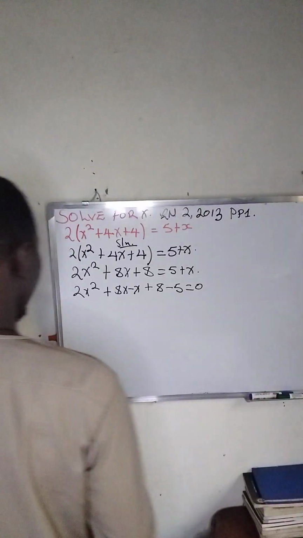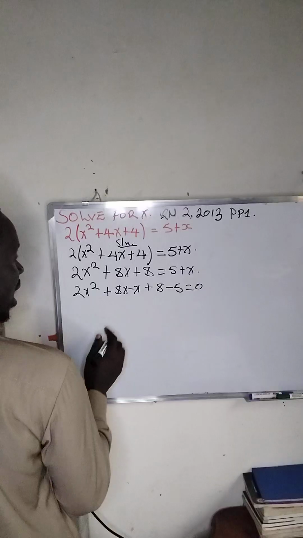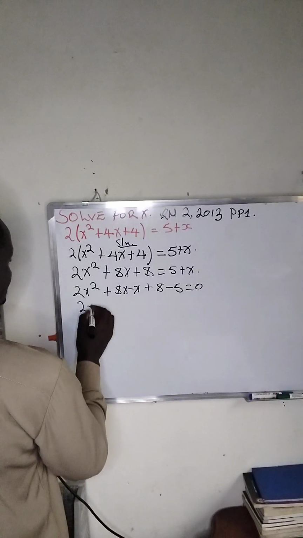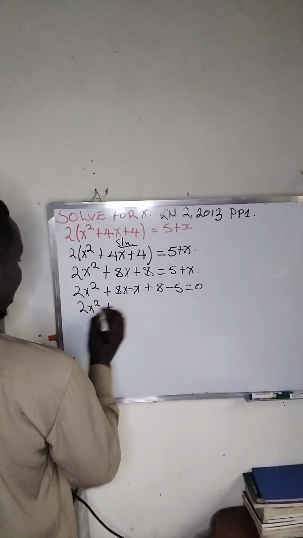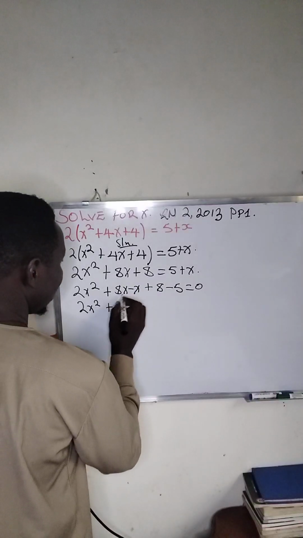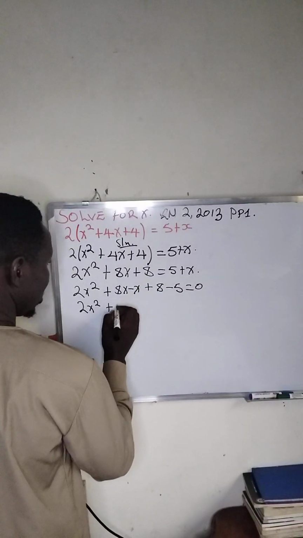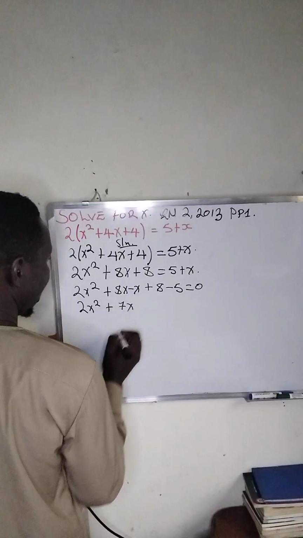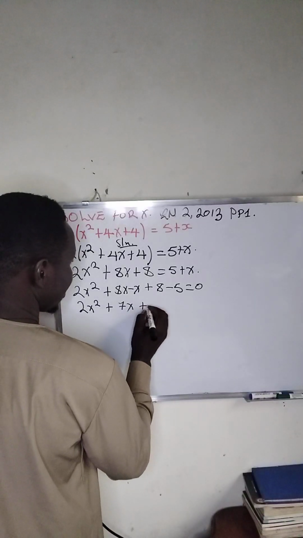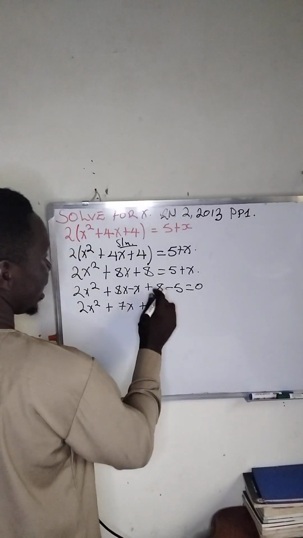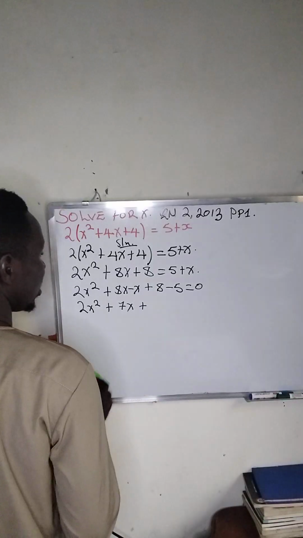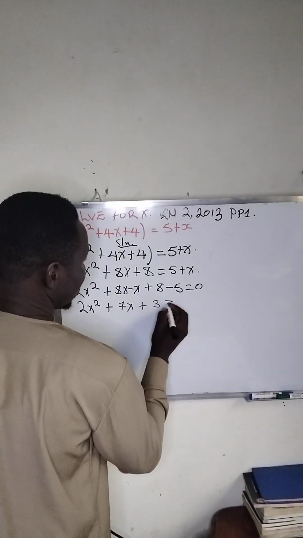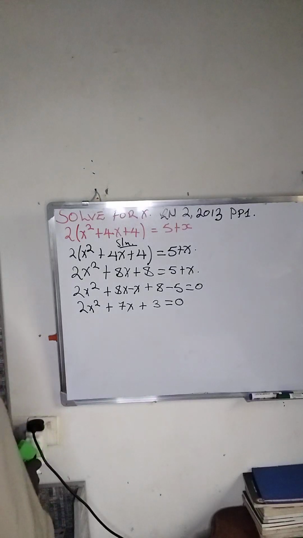Then from that point, we proceed. Here, this is 2x squared plus 7x, then plus 8 minus 5, which is 3, equal to 0.